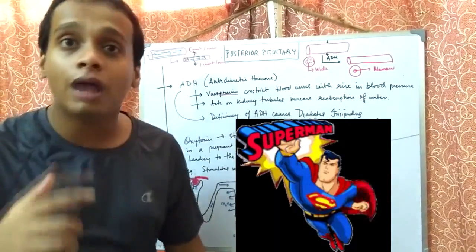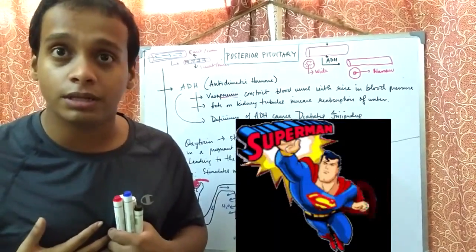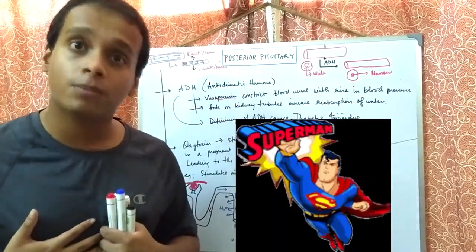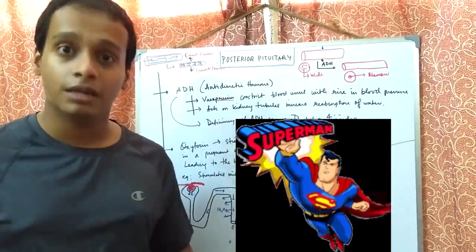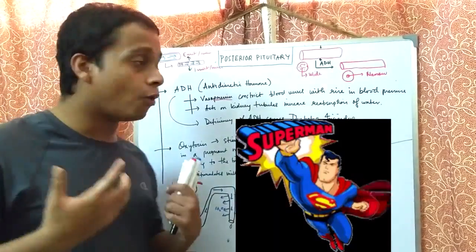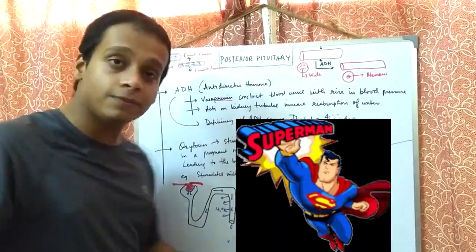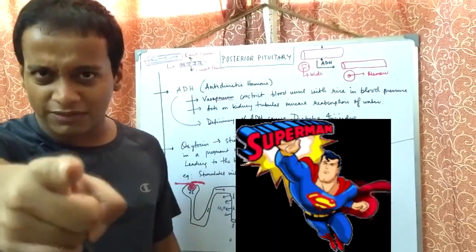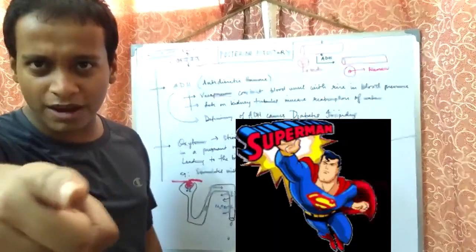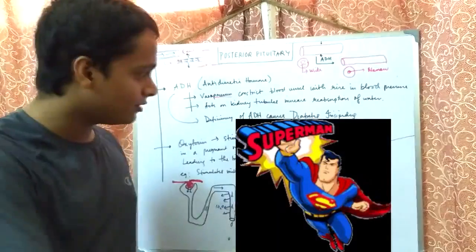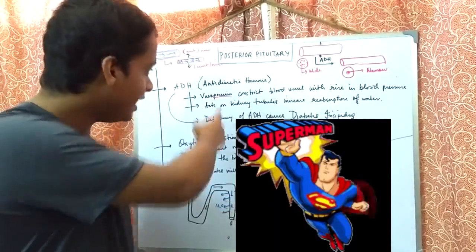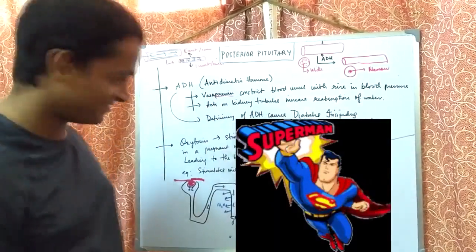Because if you have less water in your body, then you can have different problems, different diseases. So when your body has low water content, this ADH helps to take water back into the blood. Is it not a lifesaver for you? Superman is also a lifesaver. ADH is also Superman.